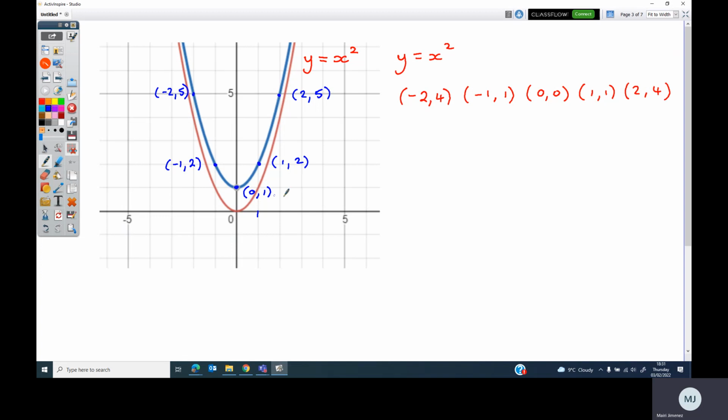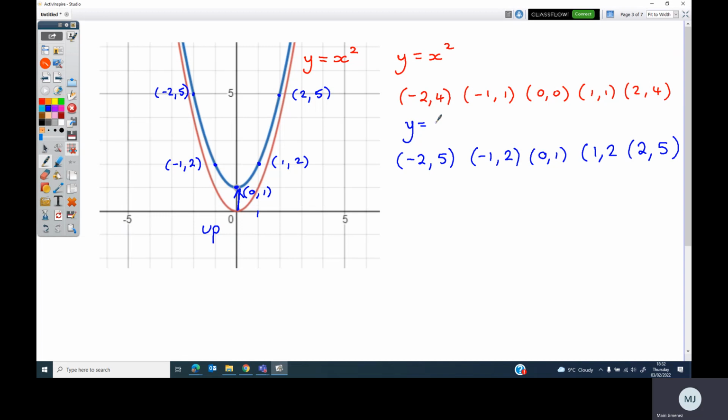But now there's been a translation. It's been moved upwards, and the new coordinates are -2, 5, -1, 2, 0, 1, 1, 2, and 2, 5.